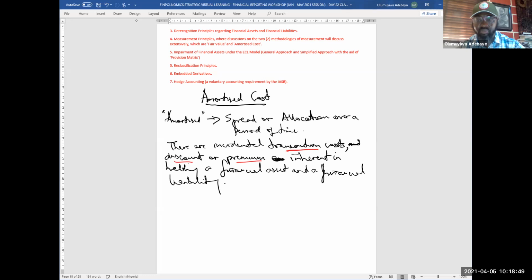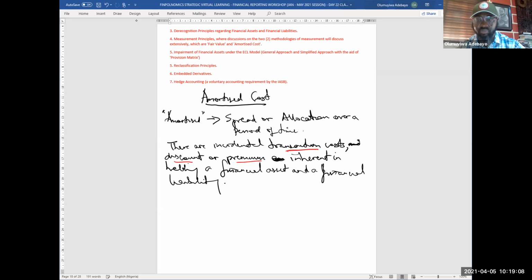And the only basis to do that is to spread that cost over that duration. But how do we spread the cost? Are we going to divide it by the duration? Let's say the duration is 5 years. Are we going to divide it by 5 years? The answer is no.